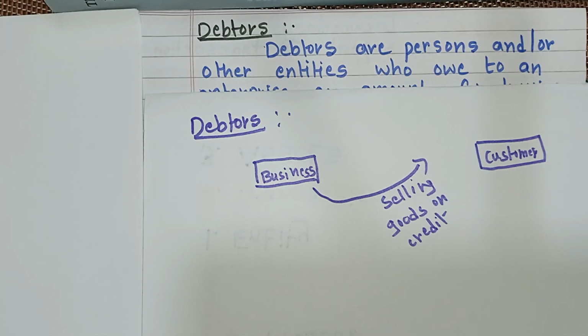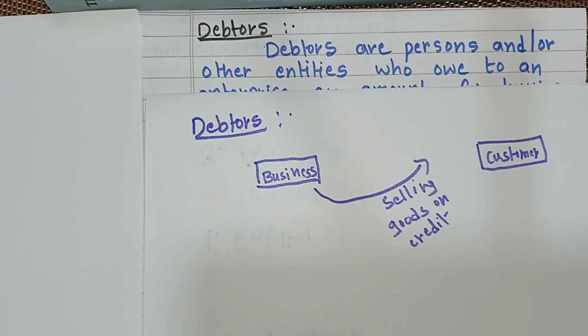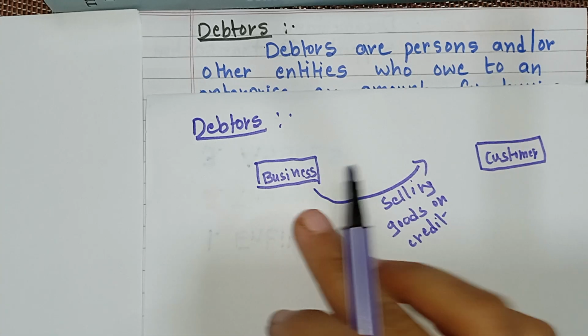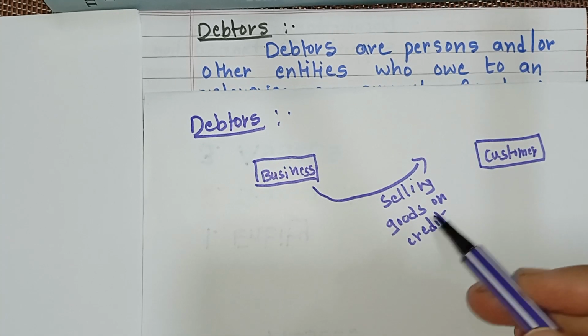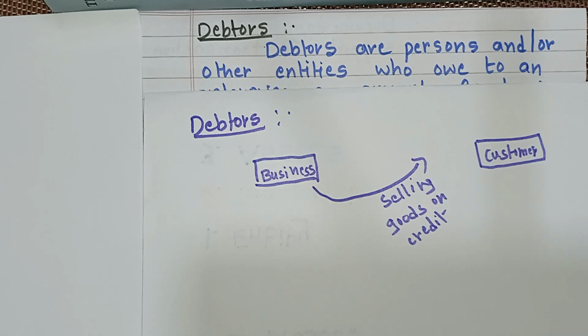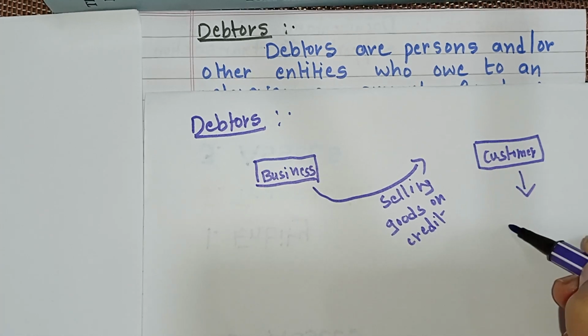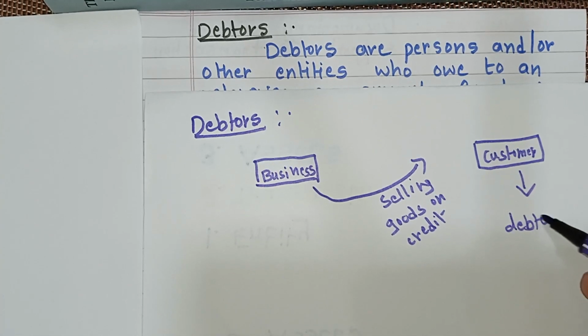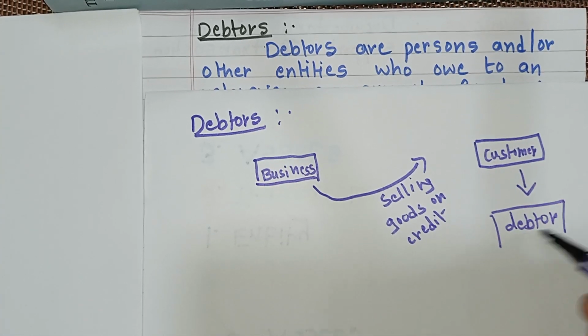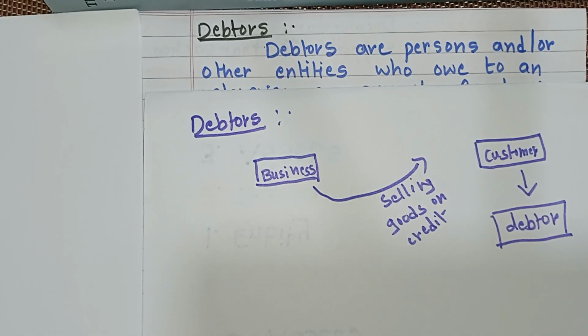Here you are selling the goods on credit to the customer. So at that time, the customer becomes a debtor.